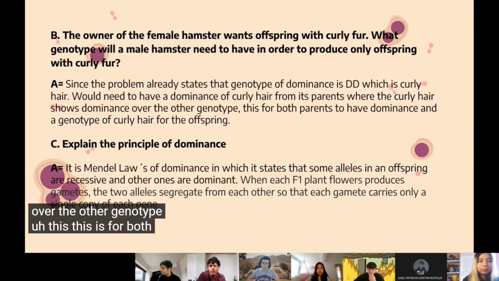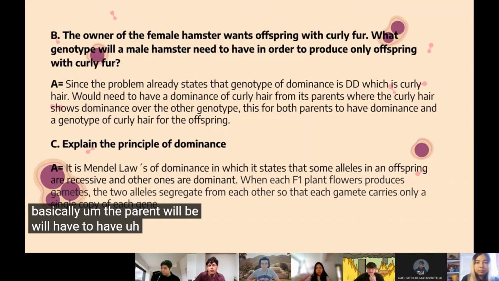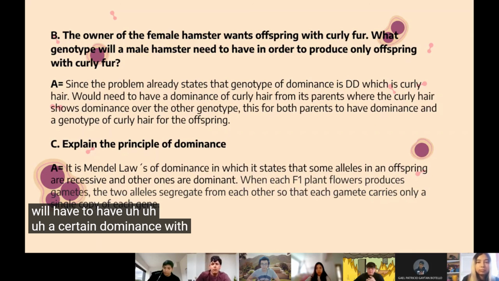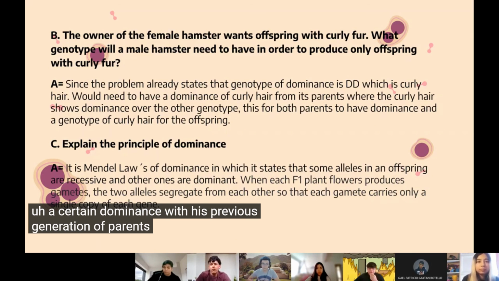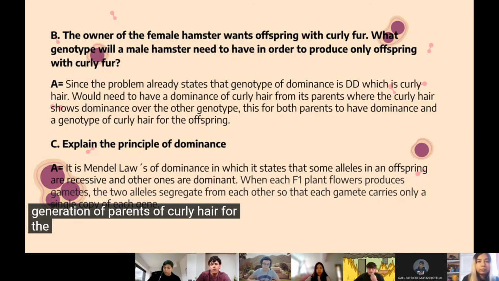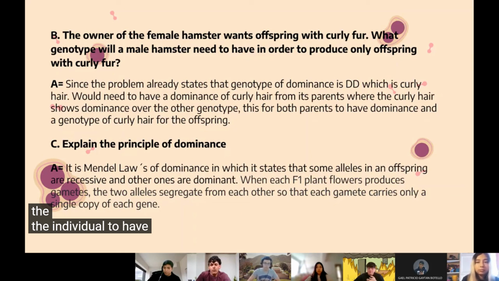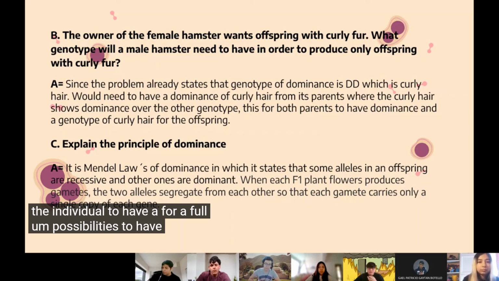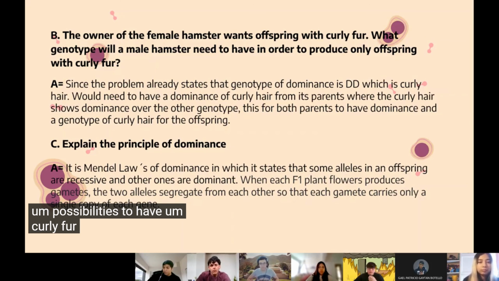This is for both parents to have dominance and a genotype of curly hair for the offspring. So this means that the parent will have to have a certain dominance from his previous generation of parents of curly hair for the individual to have full possibilities to have curly fur.